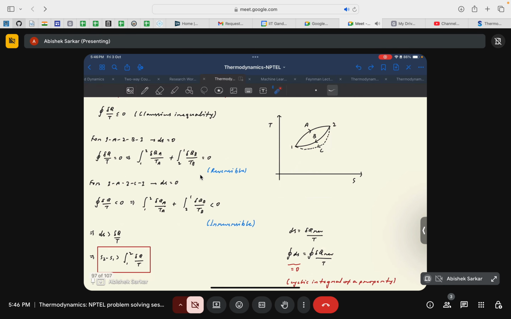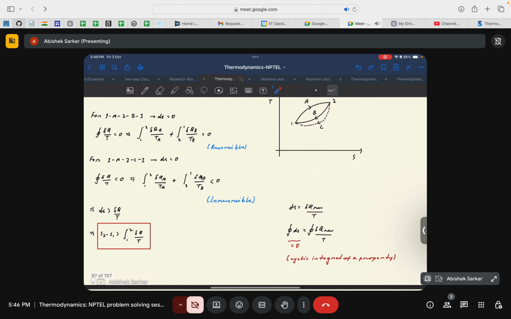But we have shown that the change in entropy, that is dS, is equal to del q reversible by T, which is defined for a reversible process.